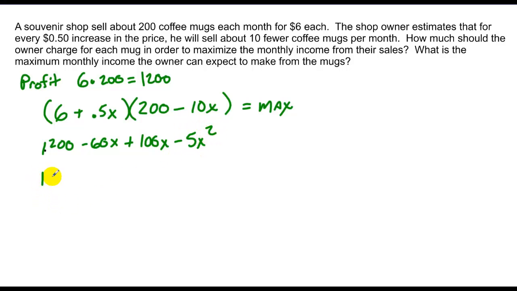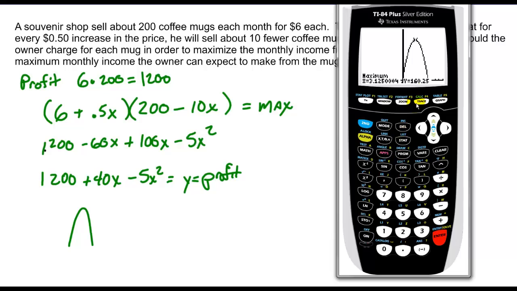So you can see this is 1200 plus 40x minus 5x squared equals y, which is our profit, which we're trying to maximize. So we know this is going to be some kind of parabola going down.